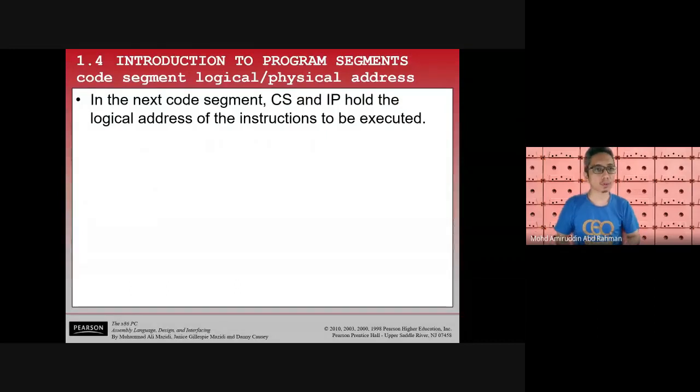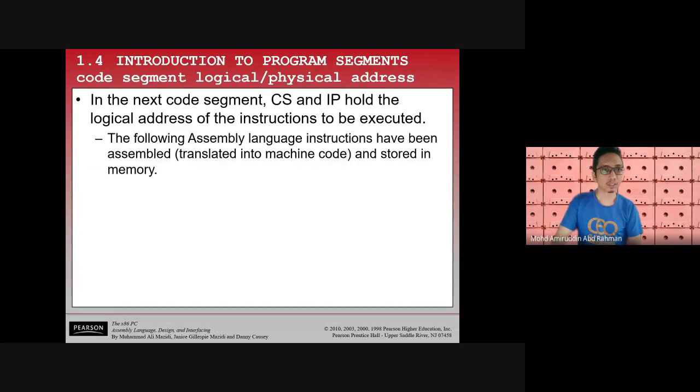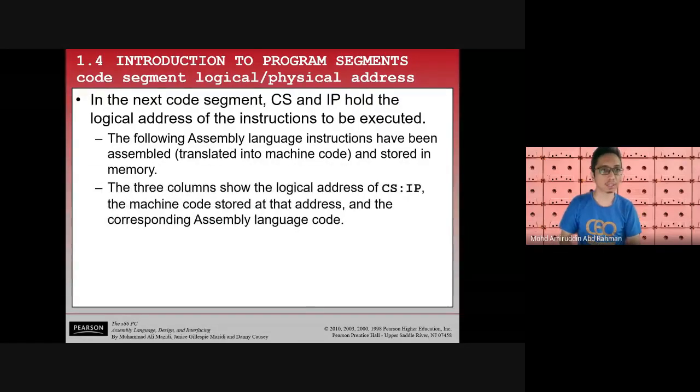In the next code segment, CS and IP hold the logical address of the instructions to be executed. Then the following assembly language instructions have been assembled, translated into machine code and stored in the memory.